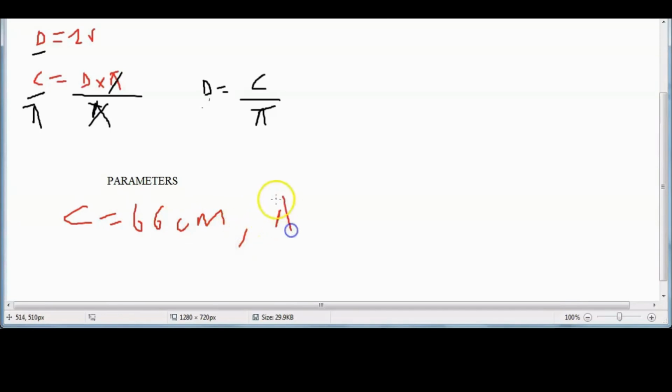We're going to be using 3.142. So substituting the values into the above equation, we have D is equals to 66 over 3.142.